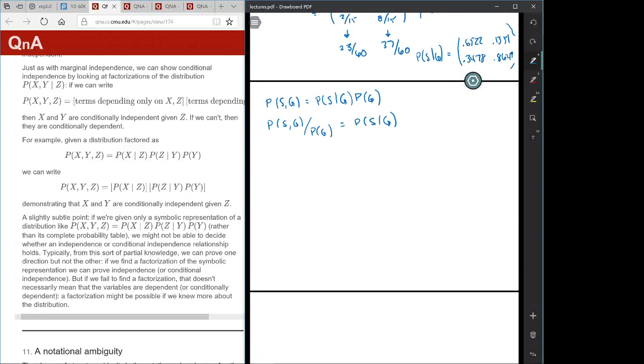So what we effectively did in this sprinkler example was to use Bayes' rule, but there's a very common way that we use Bayes' rule all the time, and you should become fluent in that way of using Bayes' rule, and that is Bayes' rule is the way to incorporate new evidence.